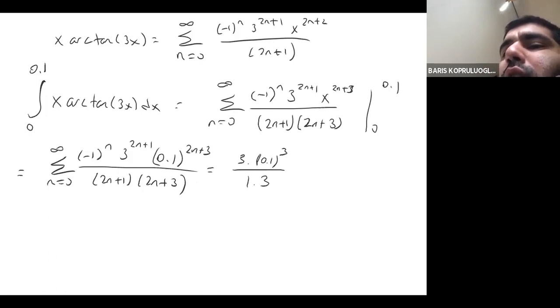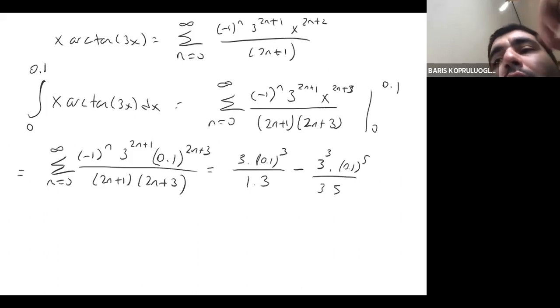When n is 1, I think it will be 3 cubed times 0.1 to the 5th over 3 times 5. Can you see the pattern? The powers of 3 increase by 2, so do the powers of 0.1, and the numbers in the denominator are increasing by 2 as well. So the next one is going to be 3 to the 5th times 0.1 to the 7th over 5 times 7.